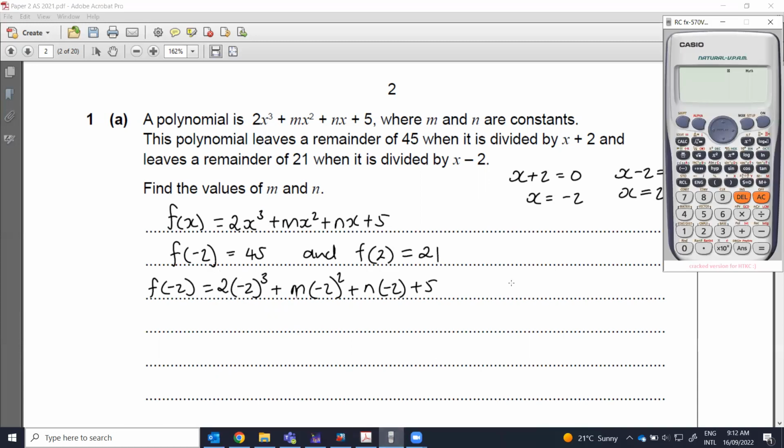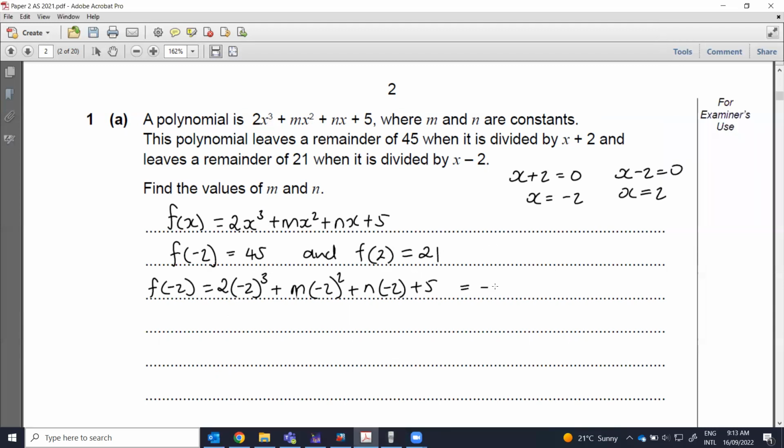So let's see how you would do it. You have 2, open bracket, negative 2, close your bracket, and then power of 3. So press equal to, that will give you minus 16. And then this one here, minus 2 squared.